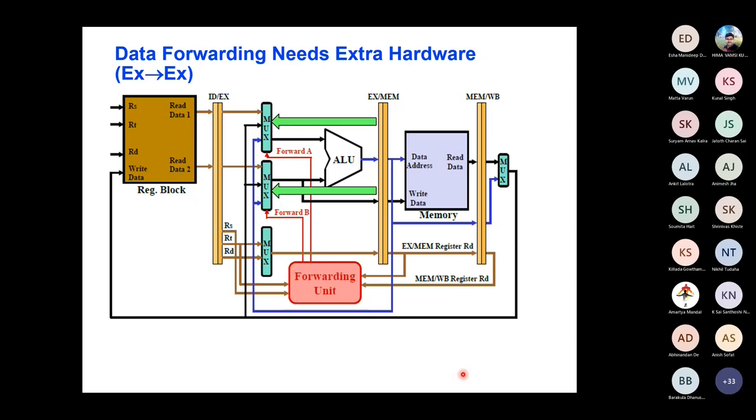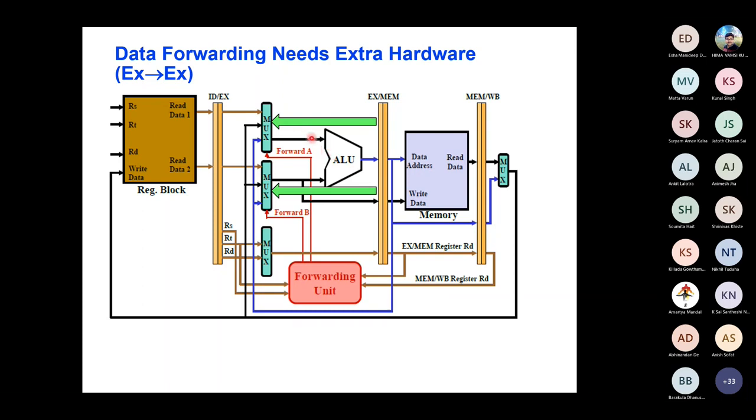So what I need is a backward path through the multiplexers which are already there in the system, so that this information might be available from this register file. At the same time, if the source of one instruction is the destination of a previous instruction, then we need to activate this path, so that the data which appears at the output of the ALU in the previous clock cycle can be used as the input to the same ALU in the next clock cycle.